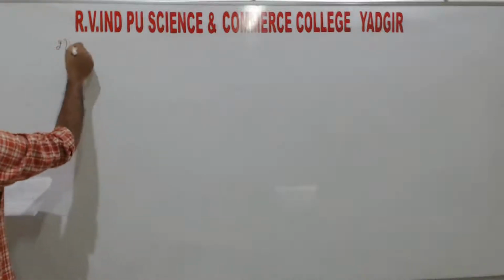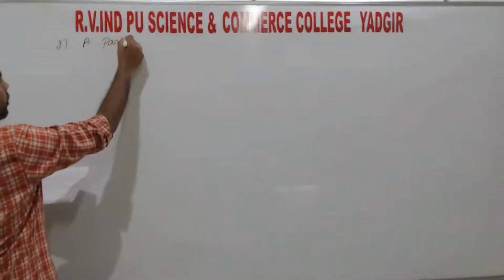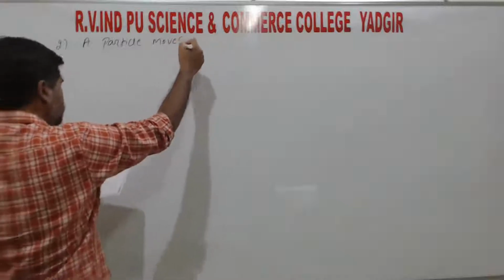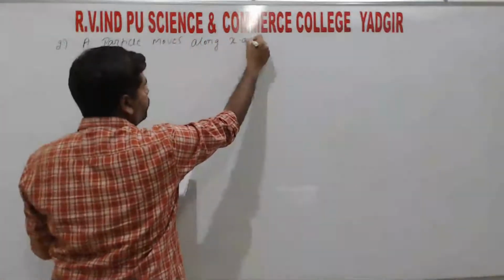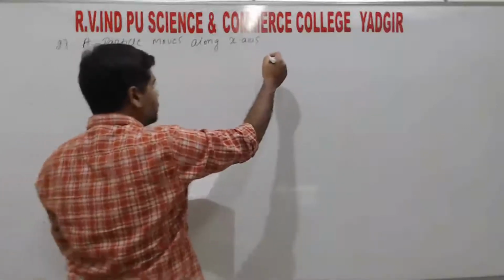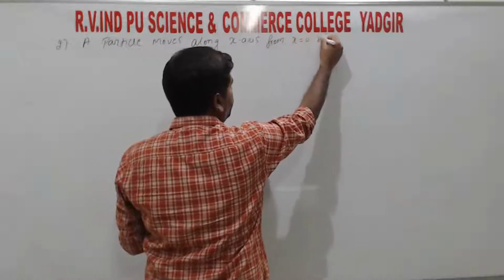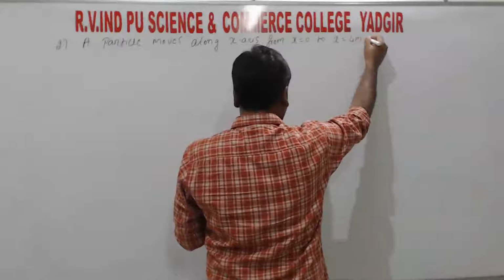So second problem. A particle moves along the x-axis from x equals 0 to x equals 4 meter, right?